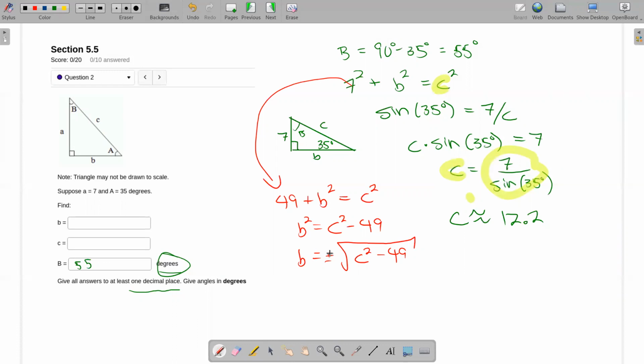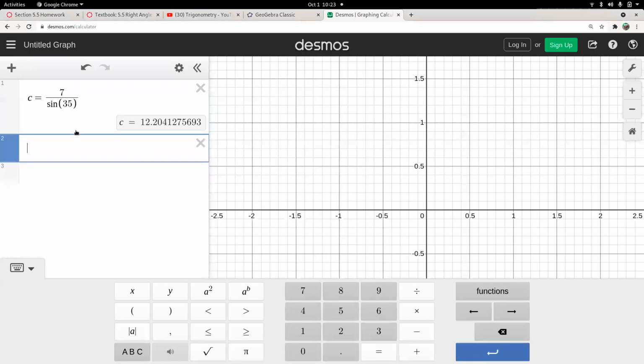Here I'm looking at lengths, so I really don't care about the minus part, so I'm just going to get the square root. So now I just need to take whatever number I had for C, plug it in here, square it, subtract 49, take the square root, and Desmos is ready to do that. So I don't even have to deal with any rounding error because I said, hey, C equals. So I want C squared and then minus 49.